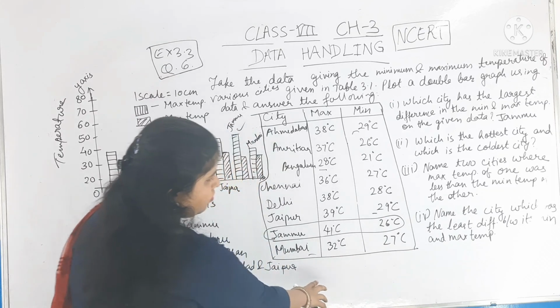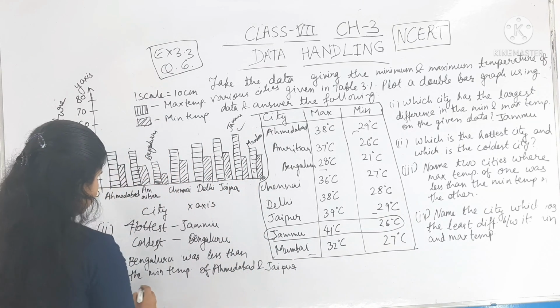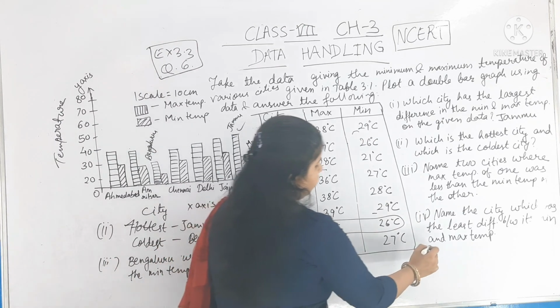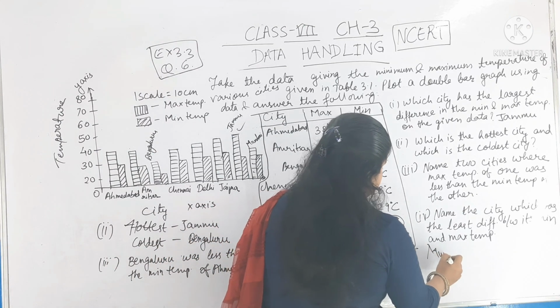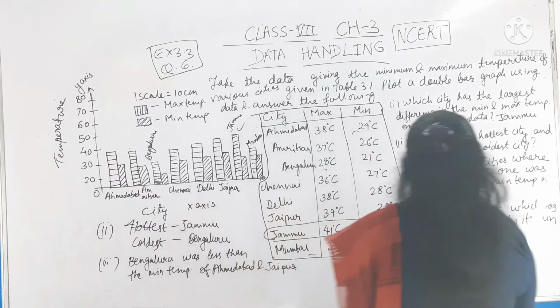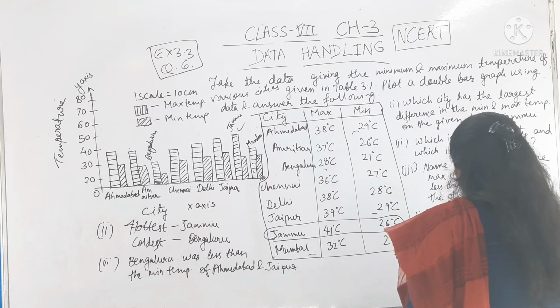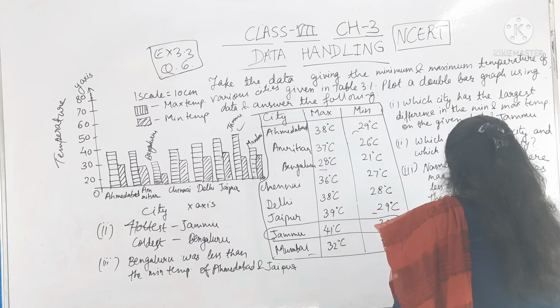So the answer to the fourth part is Mumbai. The difference is the maximum temperature 32 minus 27, that is 5 degrees Celsius.